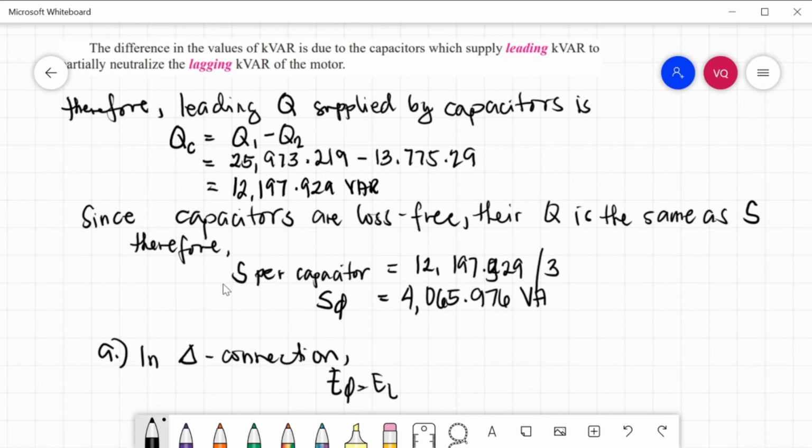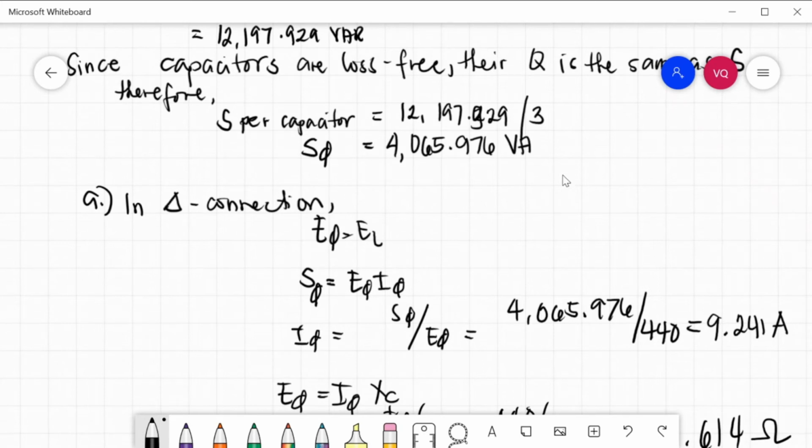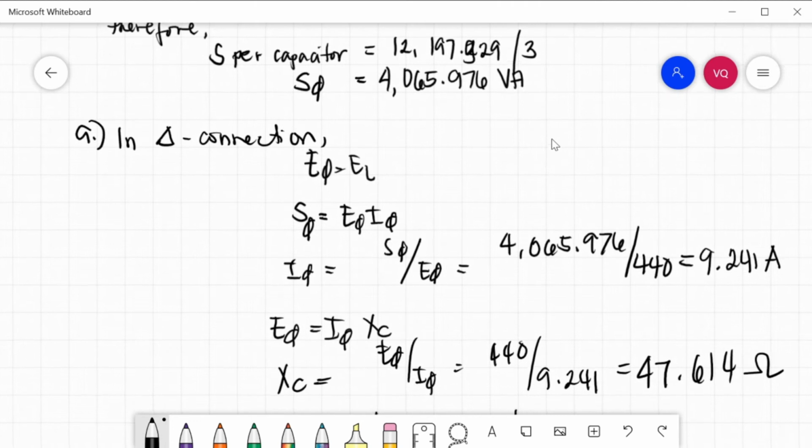Therefore, the apparent power per capacitor is equal to 12,197.929 divided by 3, since this is a 3-phase. So, our apparent power per phase now is 4,065.976 volt ampere. So, in delta connection, we discussed earlier that the phase voltage is equal to the line voltage.